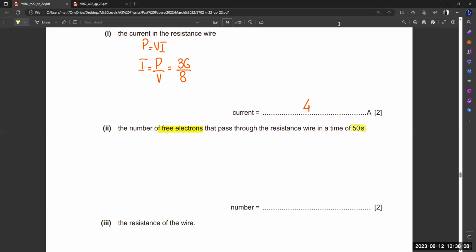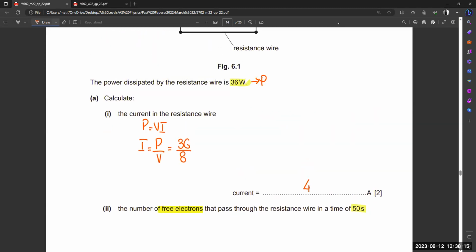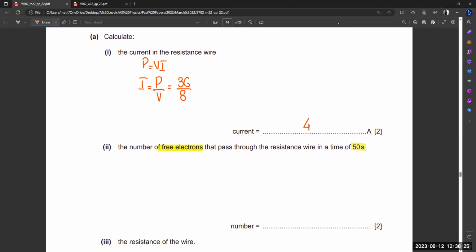Any idea how to calculate the number of electrons? The values that we already have from our previous part may help you. In short, free electrons in simple words, you need to calculate the number of charges.